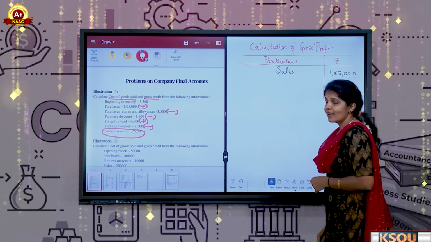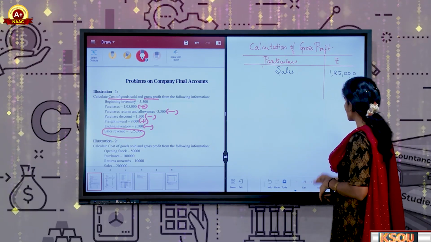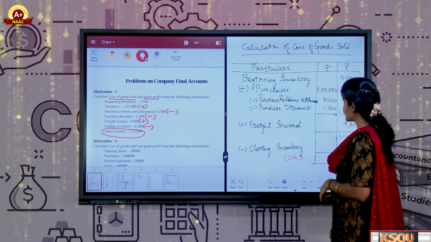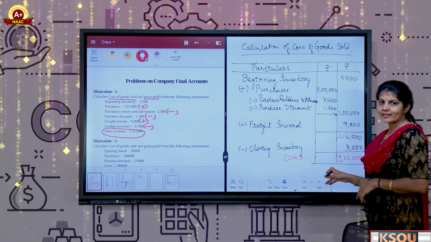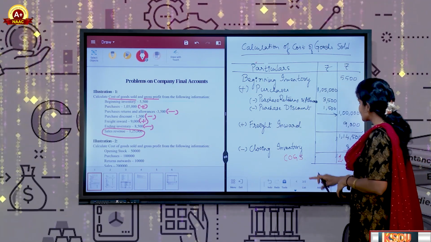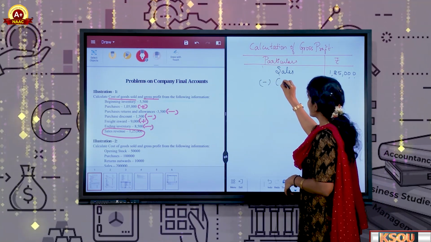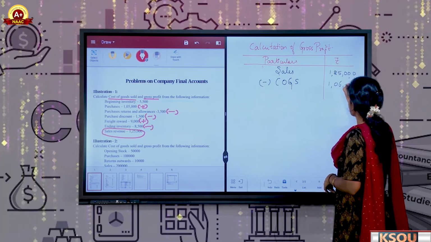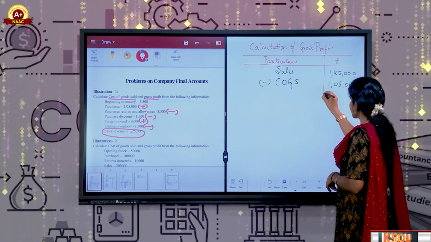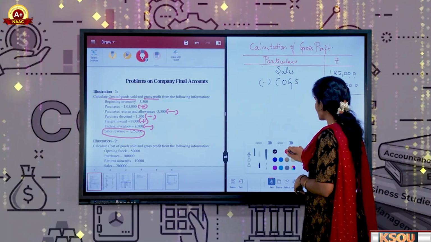1,25,000, and we have arrived for the cost of goods sold of 1,06,000, correct? We have calculated the cost of goods sold is 1,06,000. Let us deduct this from the sales. Minus cost of goods sold, 1,06,000. If you deduct this, the balance what we get is called gross profit.